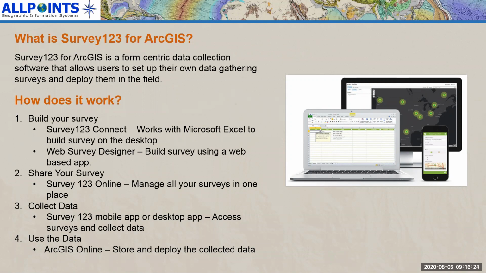And I think most of you probably know, what is Survey123? It's been around for several years now, and it's been gaining popularity all the time. It's a form-centric data collection software, and it allows you to set up your own data gathering surveys. In a lot of workflows, Survey123 is being used to replace paper forms.